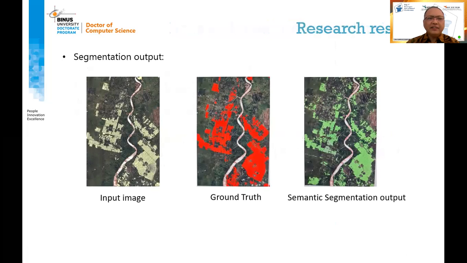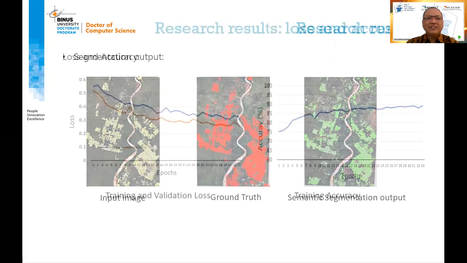So this is the result. If we use only our eyes, it seems there is not a clear difference between ground truth and semantic segmentation. So most of the ground truth patches have been discovered by the trained semantic segmentation model.